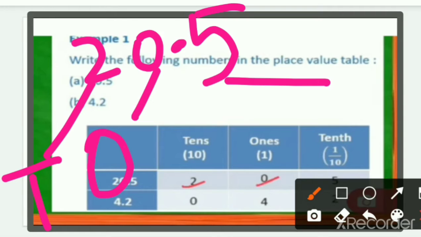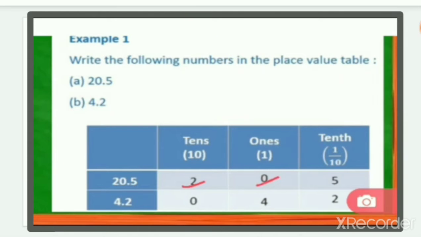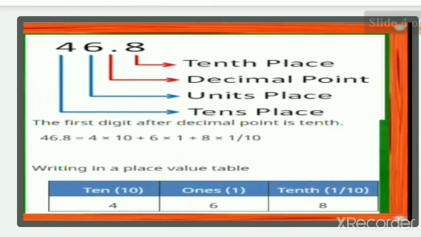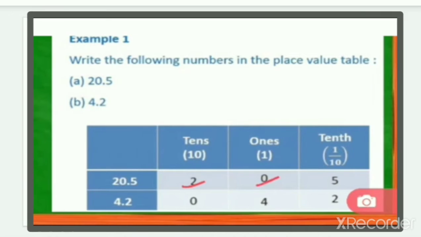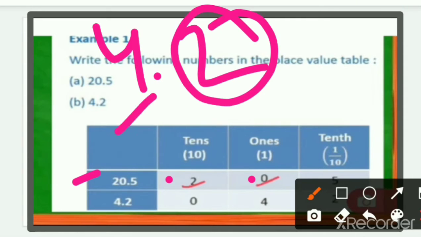After the decimal point we have the tenths place. So for 20.5, the tens place is 2, the ones place is 0, and the tenths place is 5. And for 4.2, this will be the ones place, this will be the tenths place, and the tens place will be 0 because nothing is here.